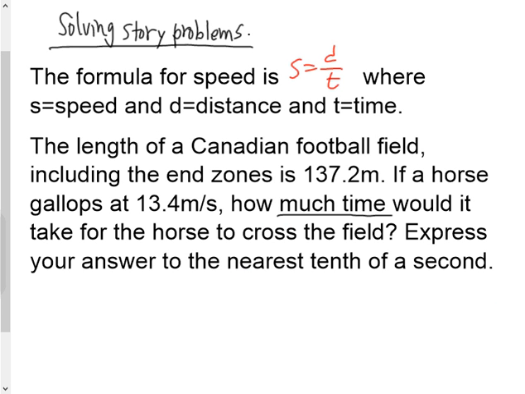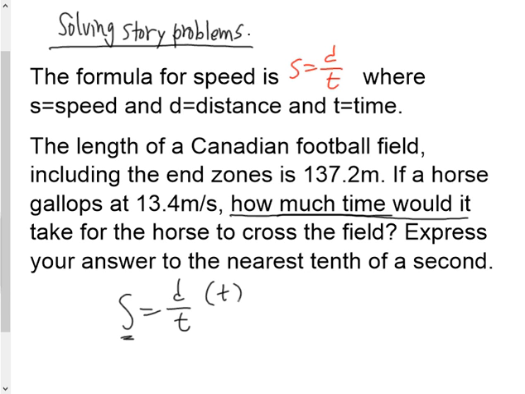But there is a second way to do it, and it involves taking your formula first. So this was your formula, S equals D over T. Since I'm looking for how much time it would take, and I have a formula for speed, what I can do is manipulate this original formula and isolate T to make a formula just for T. I'll show you what that looks like.